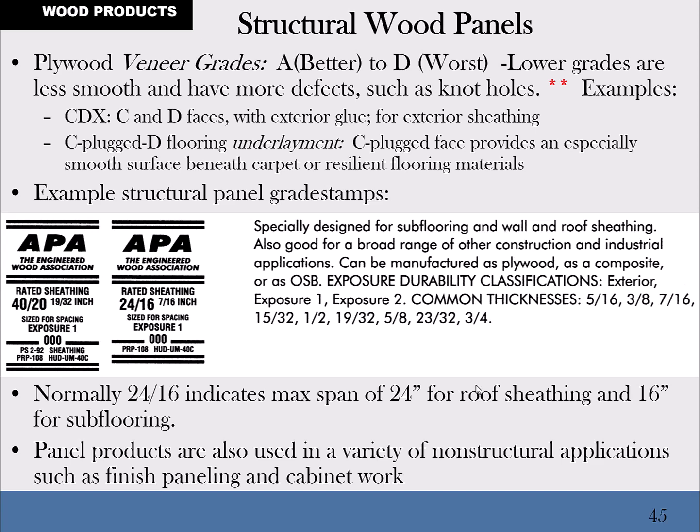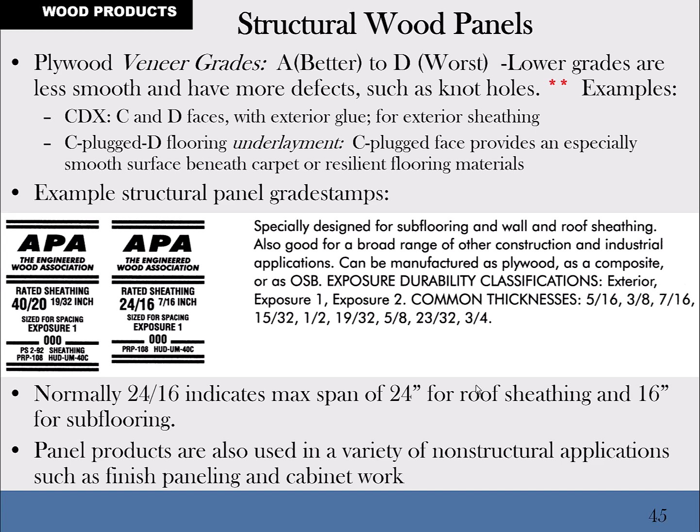When you've got BC plywood, that's got a B level on one side and C throughout the rest of it. If you've got an AC plywood, you've got even better quality on there, and that changes the formula for what's due when and all that. So A through D, where A is the best veneer and D is the worst.